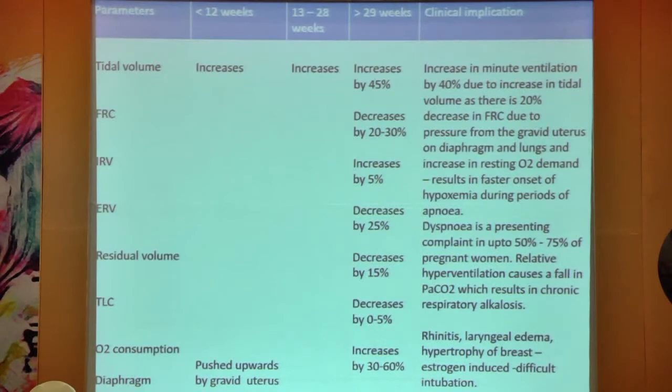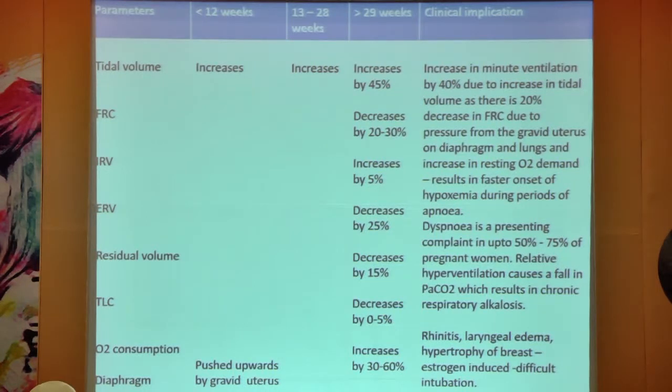Coming to the respiratory system, there is an increase in the minute ventilation by 40% due to an increase in the tidal volume by 45%. This is because there is a reduction in the functional residual capacity as a result of a decrease in the residual volume by 15% and the expiratory reserve volume by 25%, because the diaphragm pushes the lungs upwards by 4 centimeters and the circumference increases by 5 to 7 centimeters as early as the first trimester, when the uterus is still at a lower level.